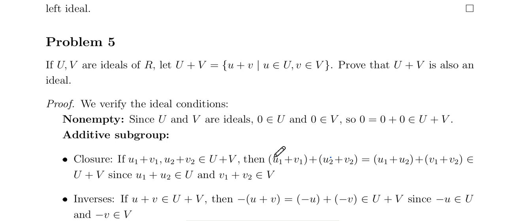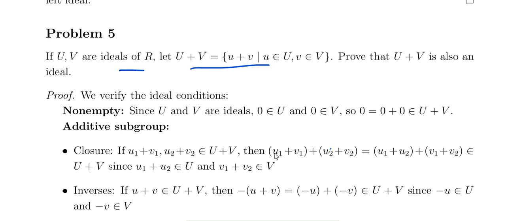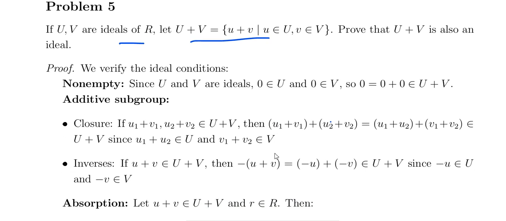And another one: U and V are ideals of R, and U plus V equals the collection of u plus v. Prove that U plus V is also an ideal. Okay, very simple. Ideal means that U plus V, first of all, satisfies the additive subgroup, that is, closure and the existence of inverses, and then the absorption property.